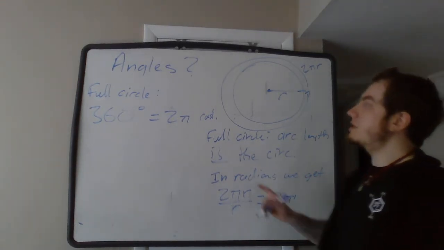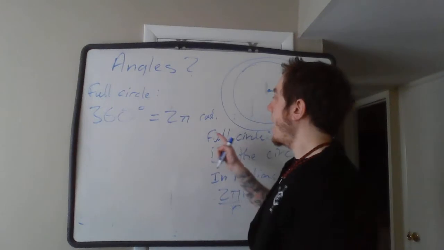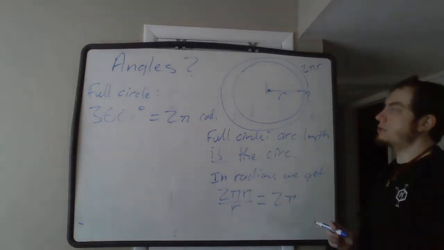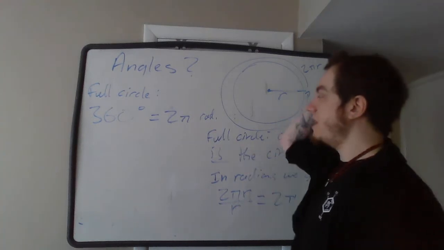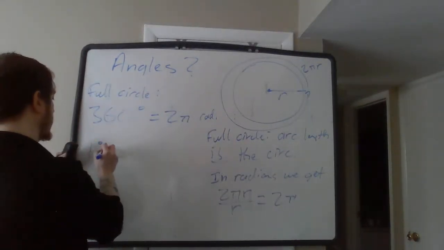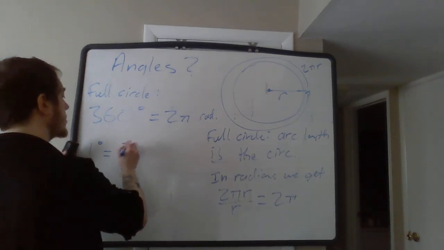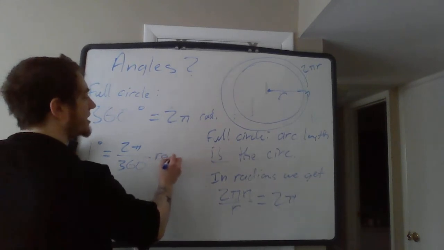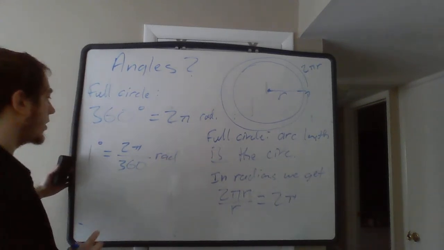And this gives us a ratio for how to convert back and forth between radians and degrees. So what we can say here from this is that 1 degree is equal to 2 pi divided by 360 radians.